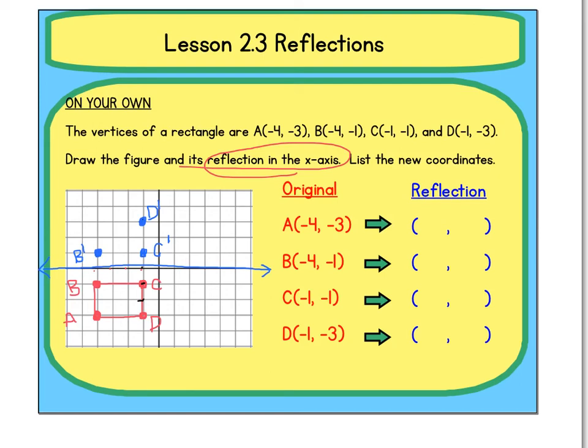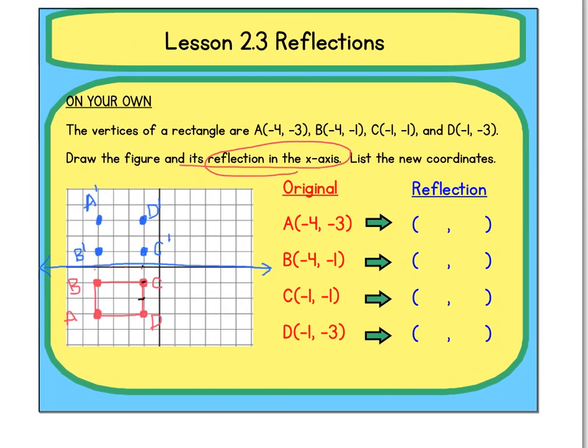And A, I should be able to figure out where that goes based on the other points, but it's 3 units away. Okay, so now I'm going to write my points. Now, because I flipped over the x-axis, the y-coordinate should be the one that changes.